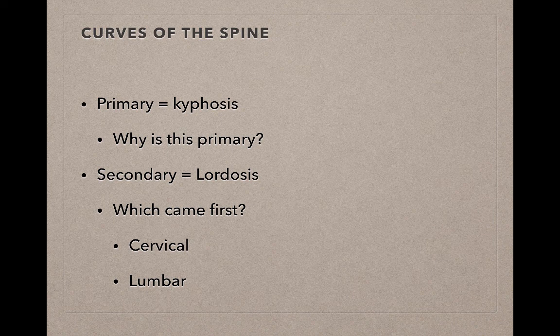As babies raise their head when they're prone or as they start to crawl, it's very necessary to have a visual field so that you know where you're going, or you know what you're looking at. So as babies start to lift their head against gravity, this lordosis starts to appear at the cervical spine. The lumbar spine then would be the second point where lordosis is seen.